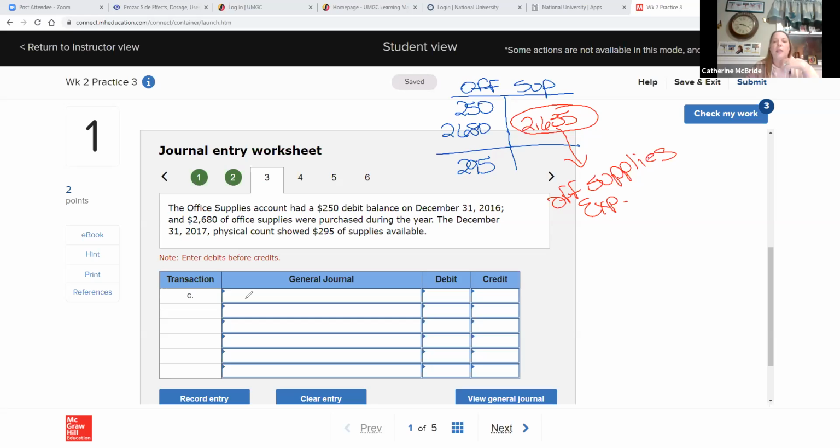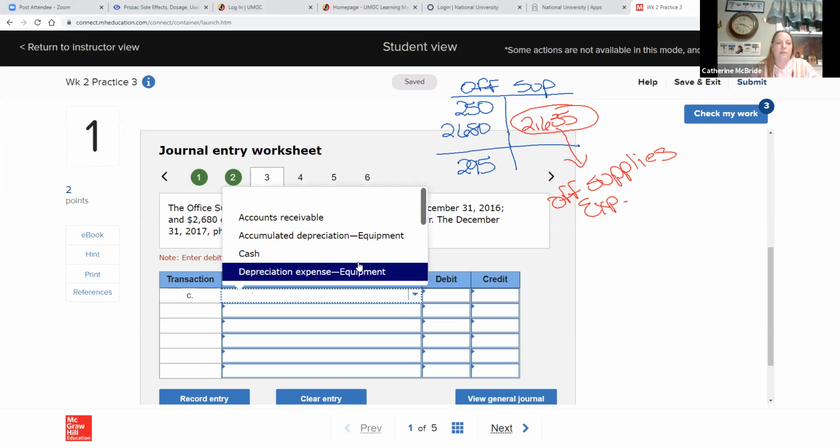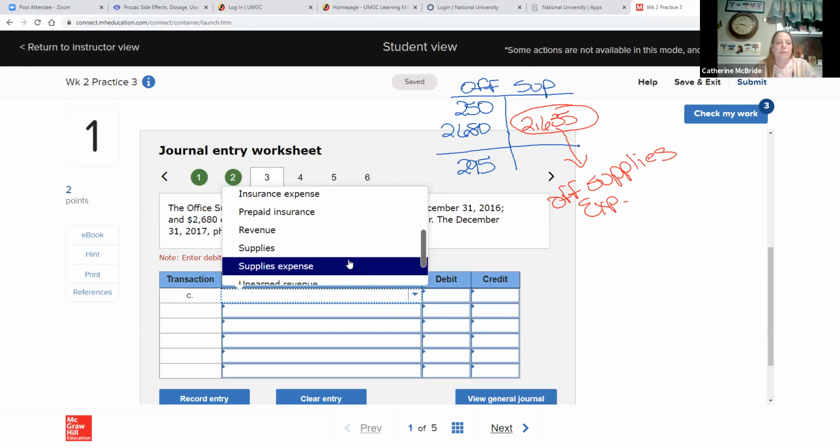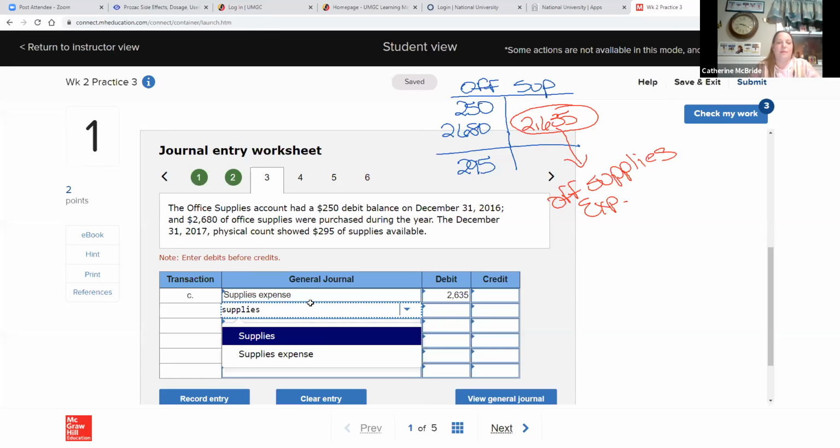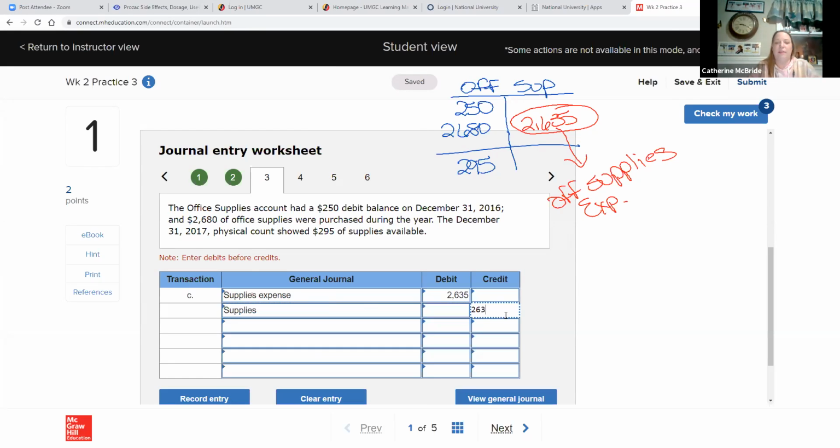So we're going to increase office supplies expense for $2,635, and we're going to decrease our office supplies account by $2,635.